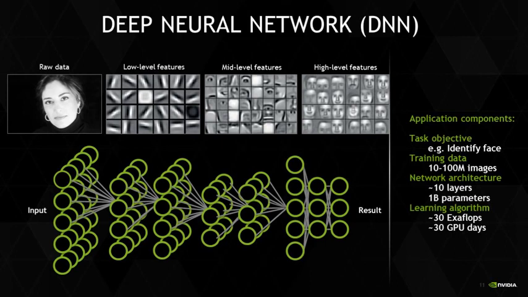At this point, I'll make a comment about why a deep neural network is so effective for these tasks. Why are we seeing these impressive applications? The reason is that by layering many layers of artificial neurons, we're able to learn what are called hierarchical feature representations.